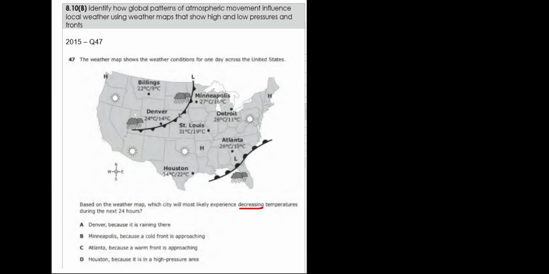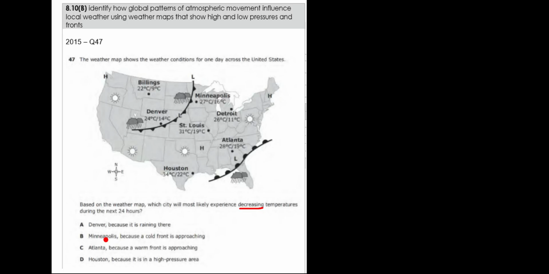Based on what I already know about fronts, here's a warm front, and a warm front is bringing warm temperatures. I can automatically eliminate Atlanta and Houston because these places are going to have warm temperatures with this warm front. So that will leave me with my two choices of A, Denver, B, Minneapolis.